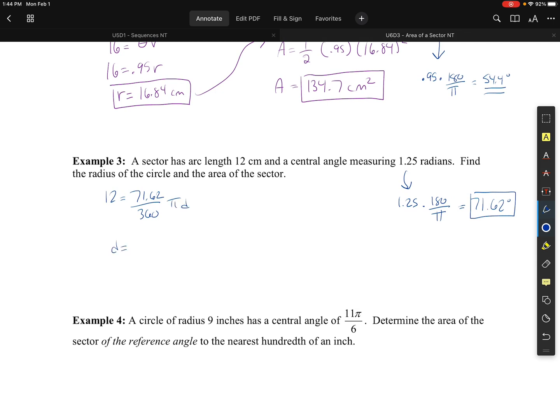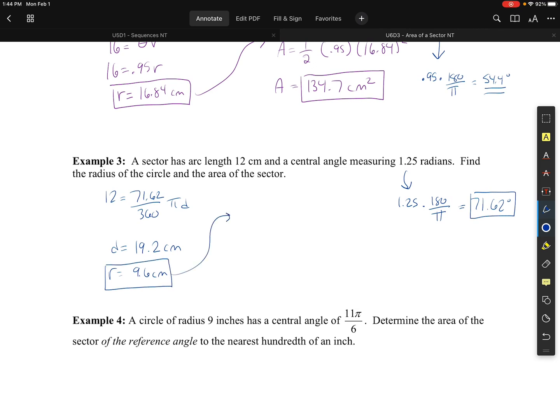Alright, so 12 times 360 divided by 71.62 divided by pi gives me my diameter of 19.2 centimeters. I divide that in half, and my radius is 9.6 centimeters.